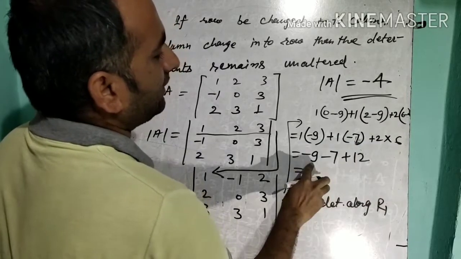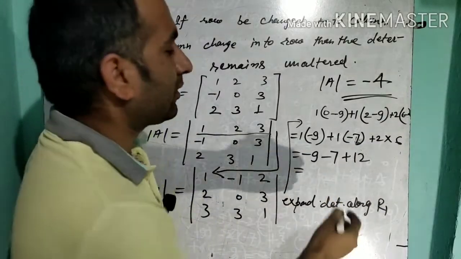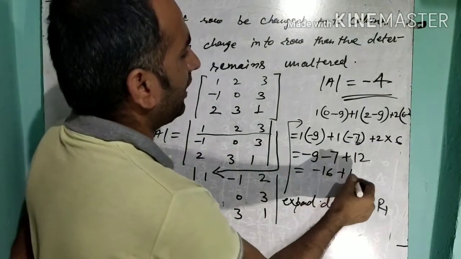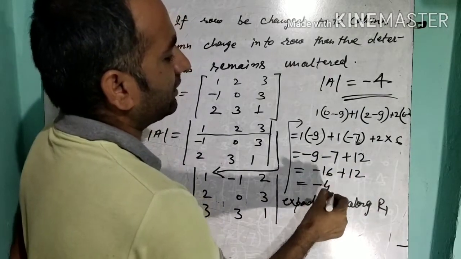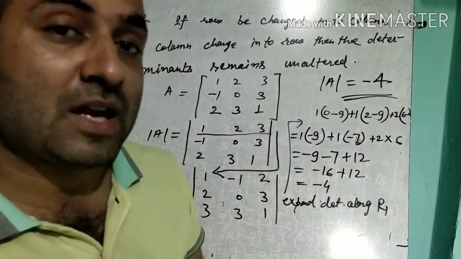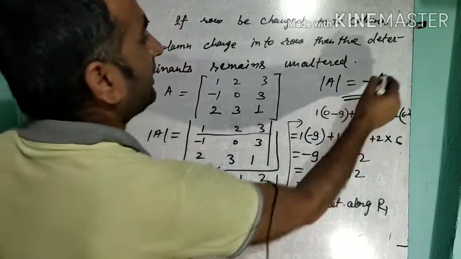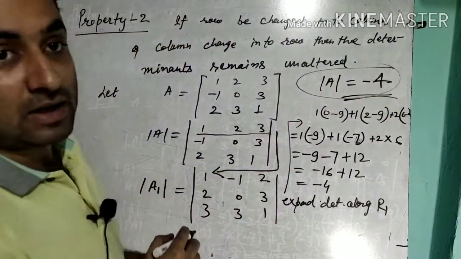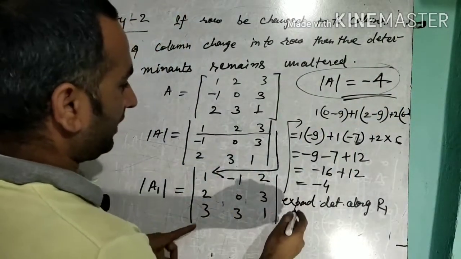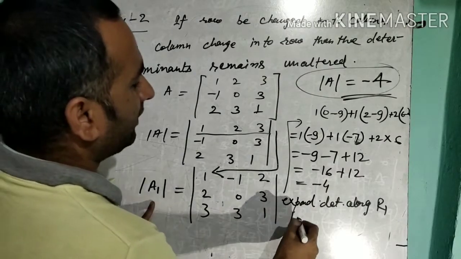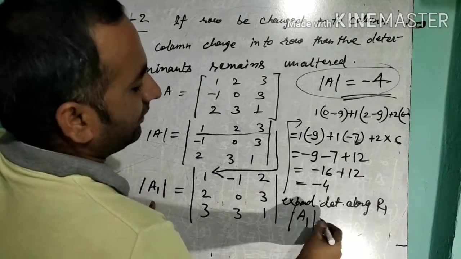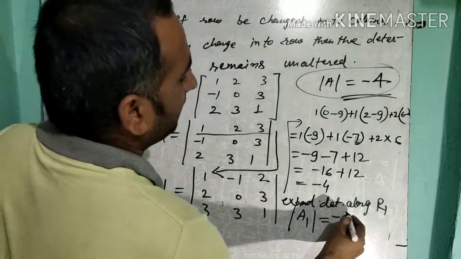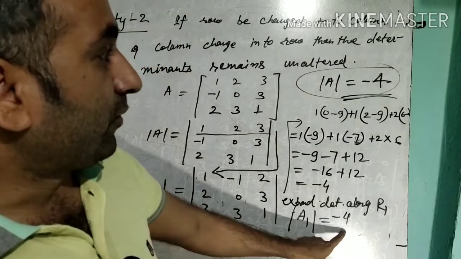So students, -9 minus 7 is -16, and plus 12 again gives you -4. So the value of this determinant, the determinant of A suffix 1, is also -4. Both are the same.